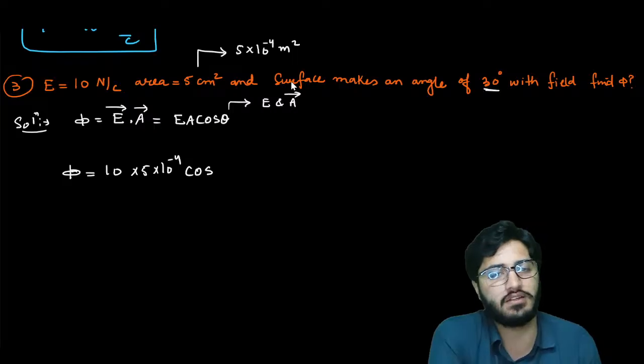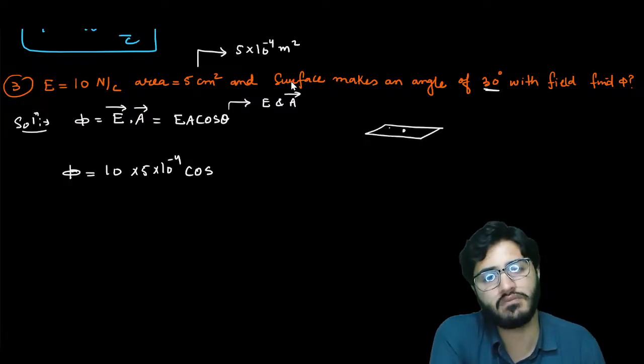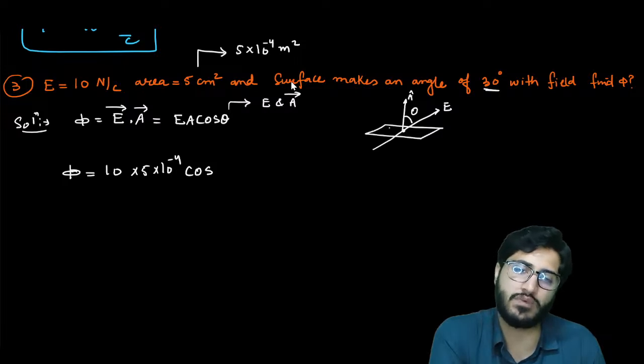You know why? If we have a surface like this, this is my electric field and this would be my area. So theta is this one, but it is not given to us. This one is given to us, it is 30 degree. So what will this one be? It is 60 degree.